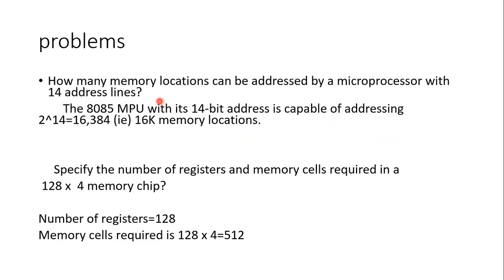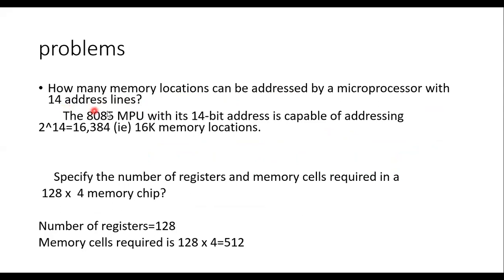Let me see one or two problems here. So how many memory locations can be addressed by a microprocessor with 14 address lines? Suppose there are 14 address lines, then how many locations can be addressed? The 8085 MPU with its 14-bit address is capable of addressing 2 power 14, that is 16,384.